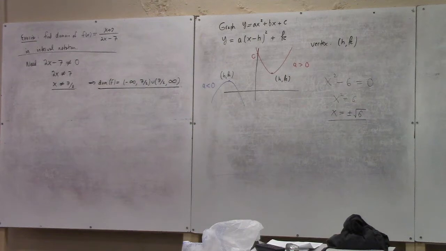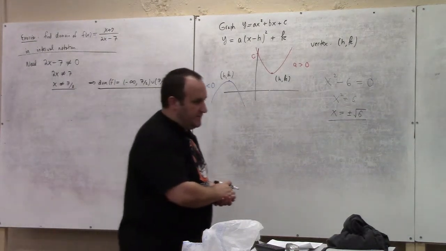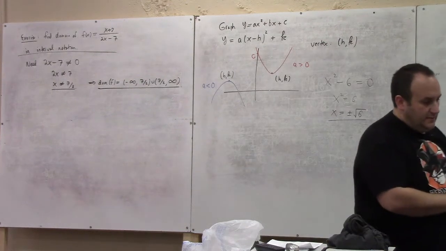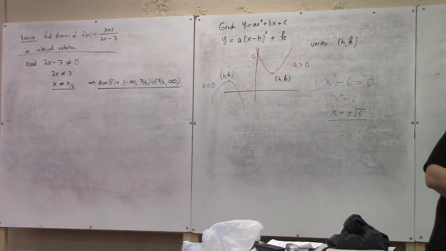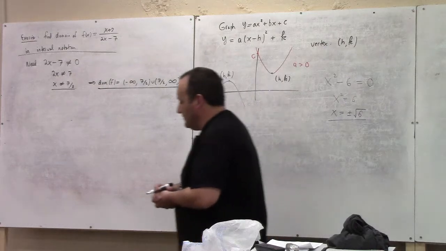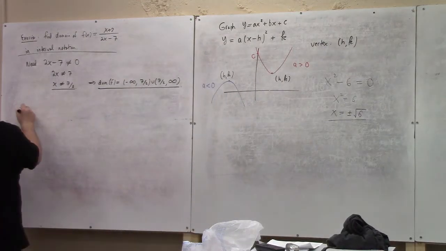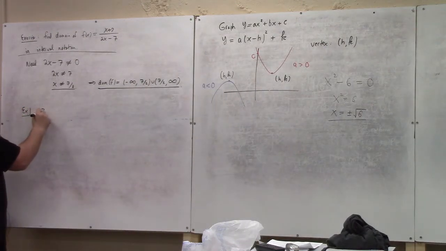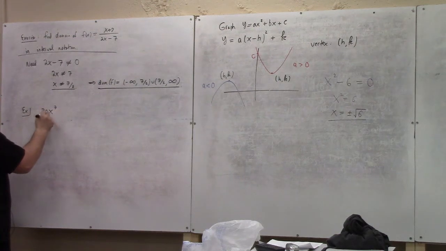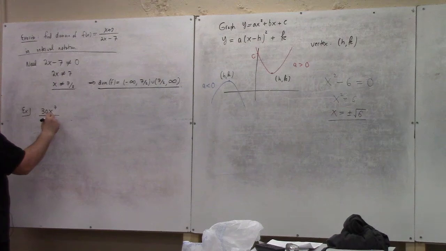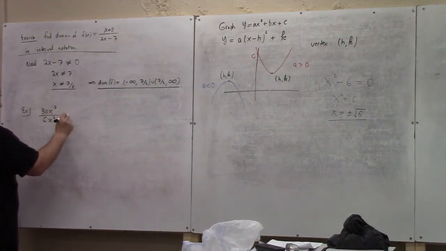Now, the other kind of problem we had in the previous exercise sheet was simplification. We had tons of simplification problems, right? Here's a simple one that's kind of like one we had. Something like 30x to the 7th divided by 6x squared. Simplify.